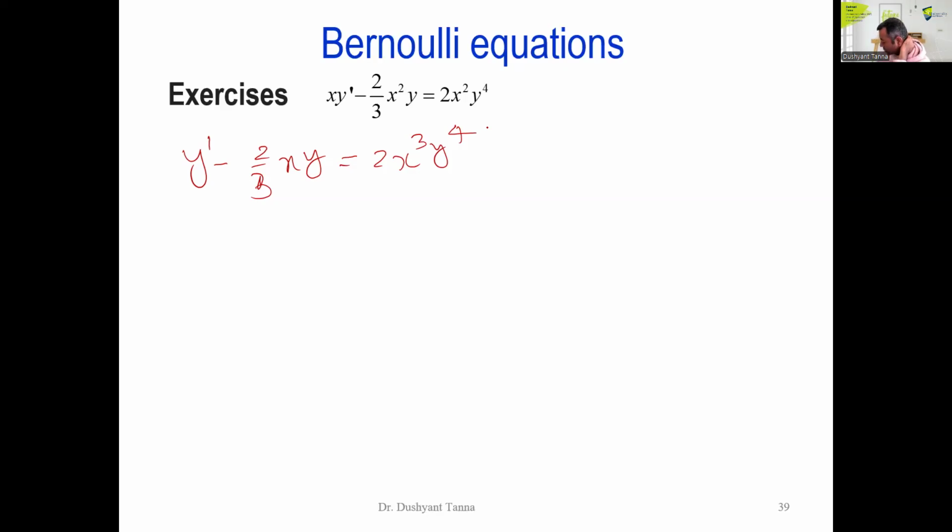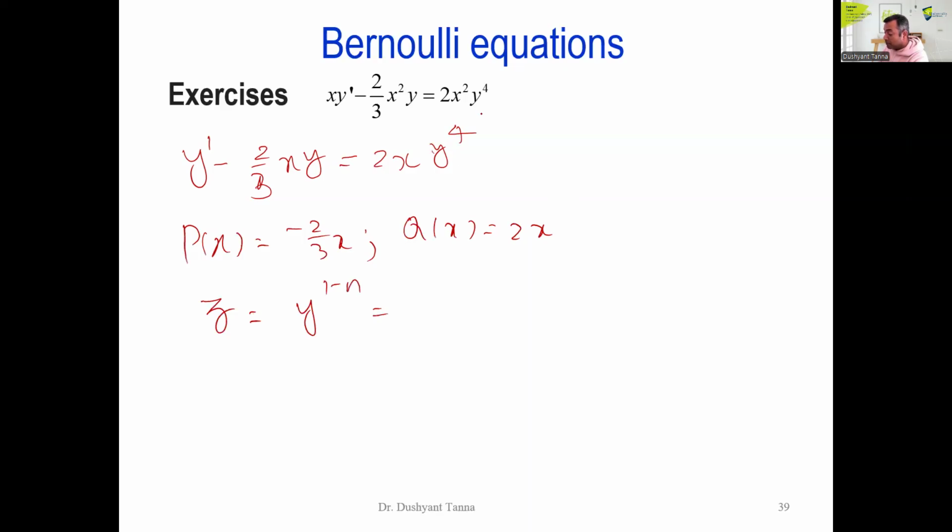Now, once it is in that form, we will figure out P and Q. So my capital Px is minus 2/3 x, and capital Qx is 2x. Oops, my bad. That was x only. I confused it with the 4 power. So simply 2x, right?